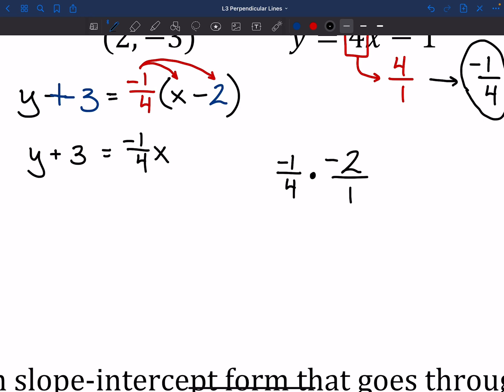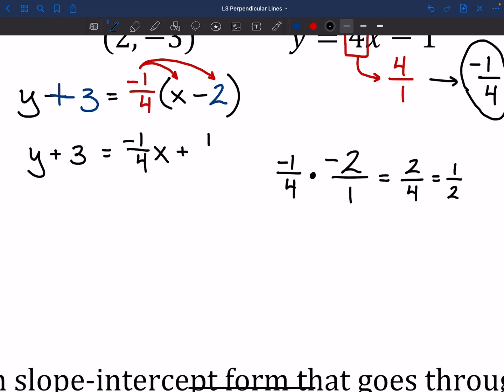So now we can go ahead and multiply these, right? The top multiplies the top. We're going to get positive 2. The bottom multiplies the bottom to give us 4, right? So 2 over 4 is what we'd get out of that multiplication. We can also reduce that. We can make it into 1/2, right? 2/4 is the same exact thing as 1/2, so that's not a bad thing to be able to do, right?